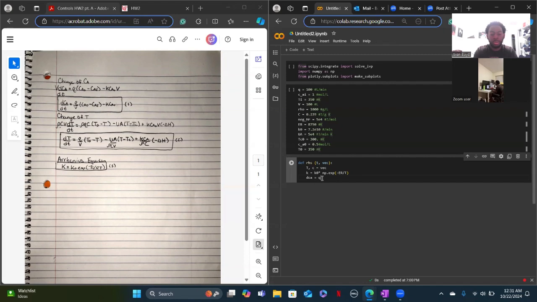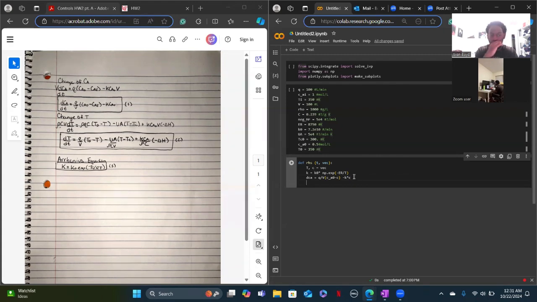So we have our flow divided by the volume of the system times the initial concentration, CA0 minus C, which is from the function, and then minus K of C times C, again from the function that we have.